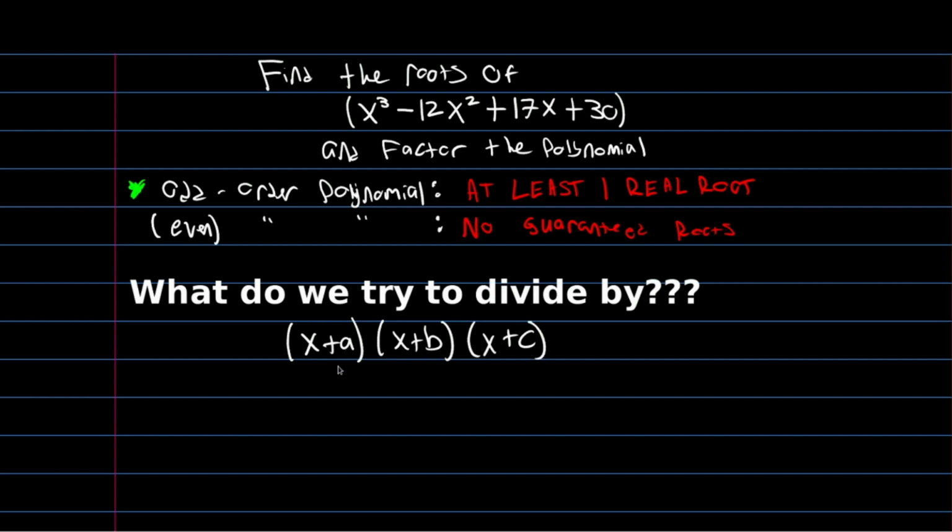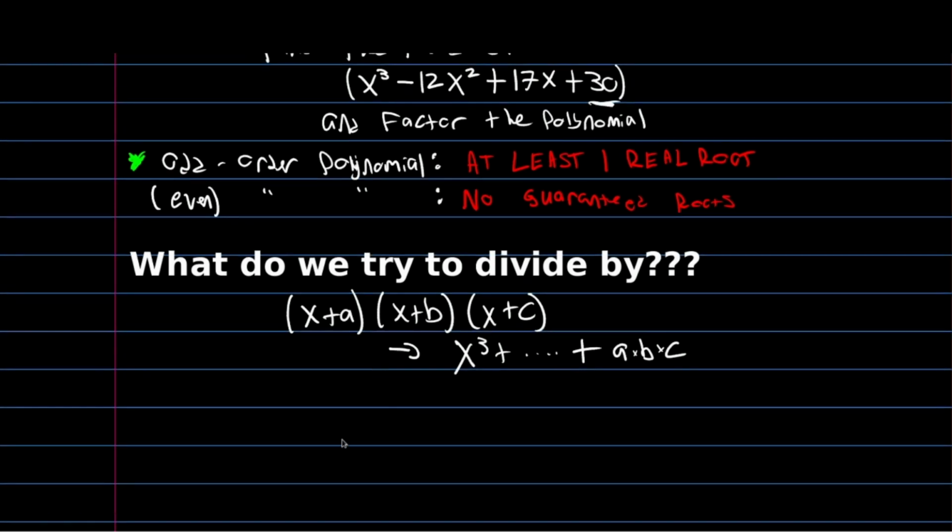A, b, and c could be positive or negative, but the end result is we're going to have x cubed plus etc. plus a times b times c, which means that this 30 can likely be simplified down into its factors to find one of the factors of the polynomial.